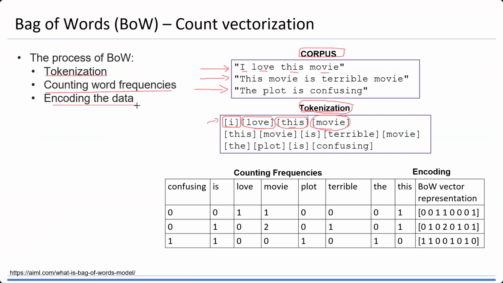And after that, we will input the data. So the encoding will represent something like this one. After we count the frequencies, we will do the encoding. Of course, when we do the tokenization, there will be some processes like what you already learned before.